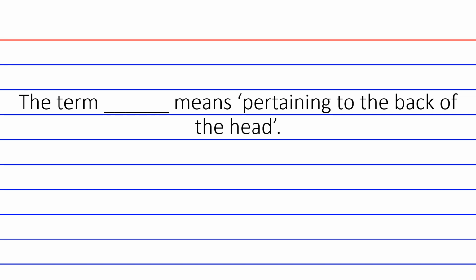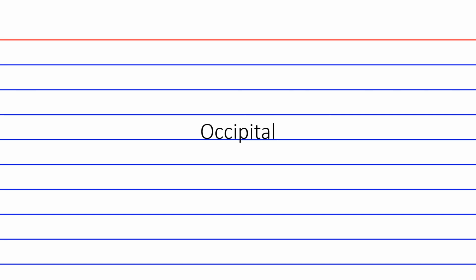This term means pertaining to the back of the head. The back of the head, where that foramen magnum is located, is the occipital region. That is where the spinal cord meets the cranium.